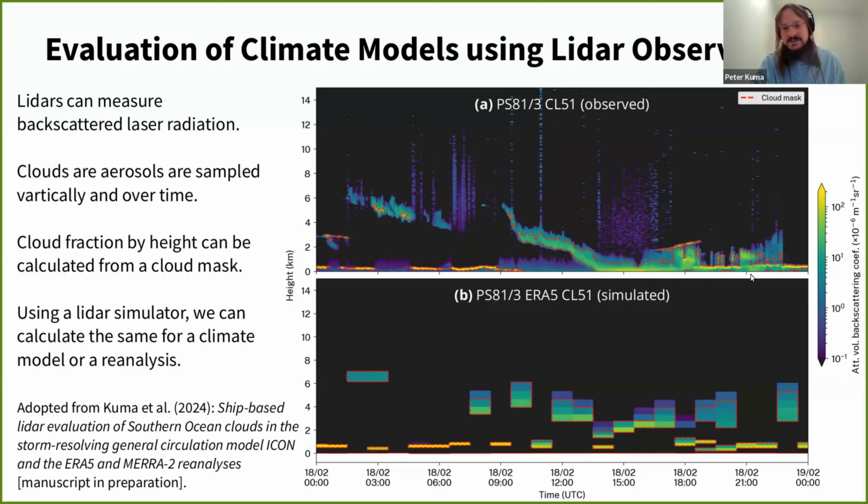And so what we see here is the same time inside the model and the cloud structure, what it would look like inside the model if it were measured by a ceilometer. And so once we have this simulated profile, we can compare these two over long time periods, and we can see what kind of errors we have in the model in terms of cloud simulation.